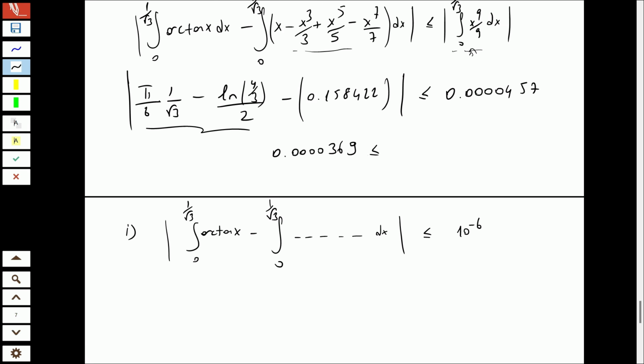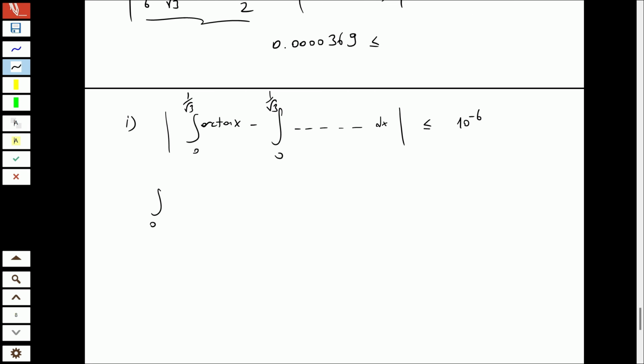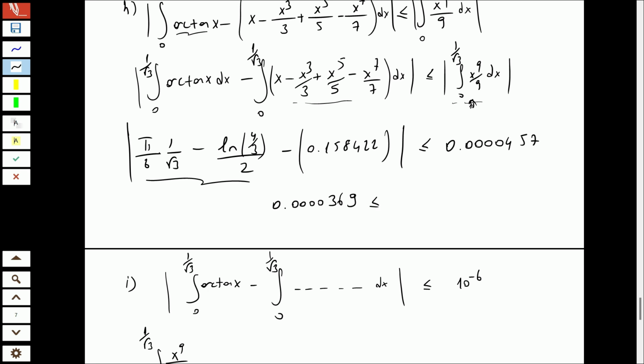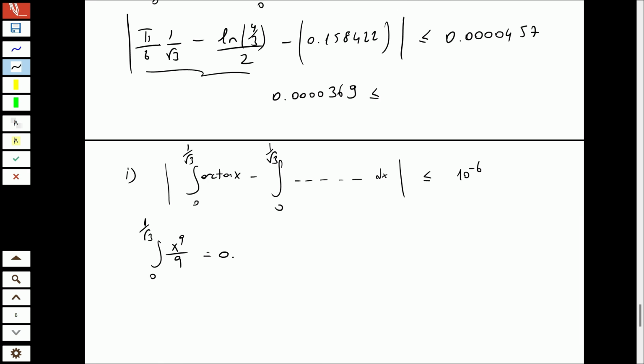As you see from here, if the expression is x to the power of 9 divided by 9 for the approximate error, we found 0.00000457. So we still need to increase the degree in here.